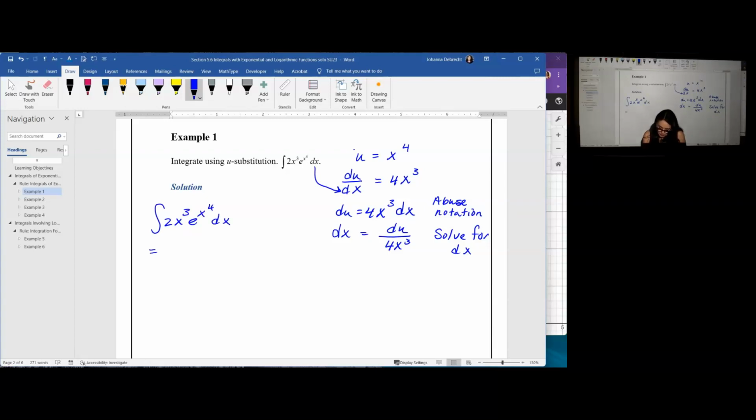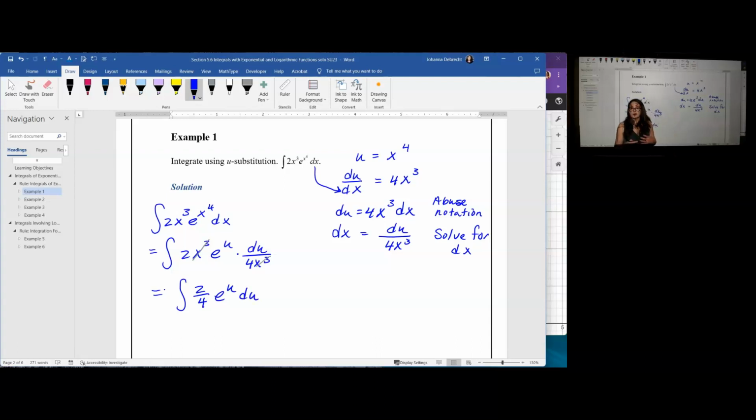And I'm going to replace the e to the x to the fourth with e to the u, and I'm going to replace my dx with du divided by 4x cubed. This means that the x cubes will cancel, and I will end up with 2/4 or 1/2 e to the u du.